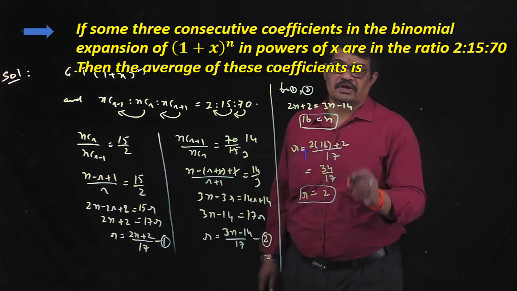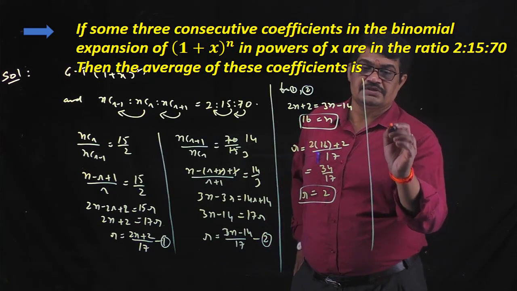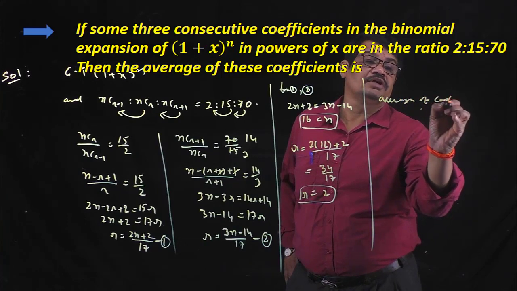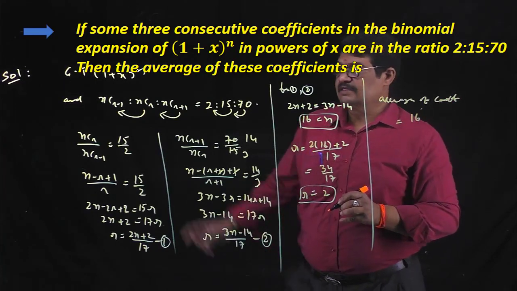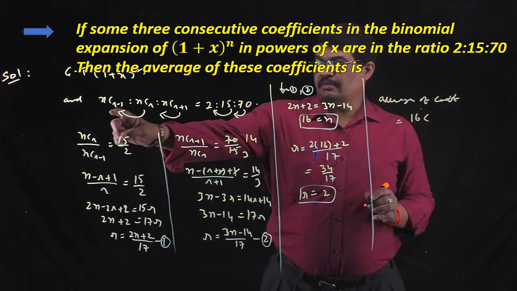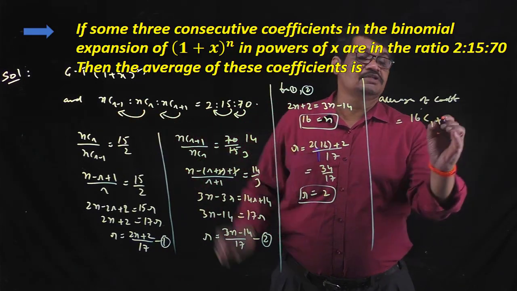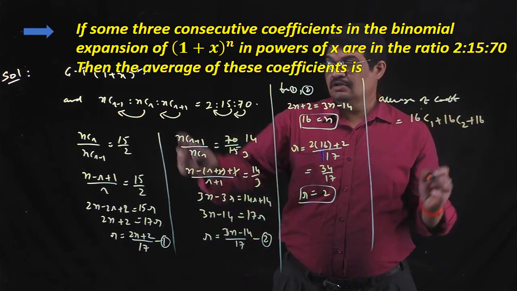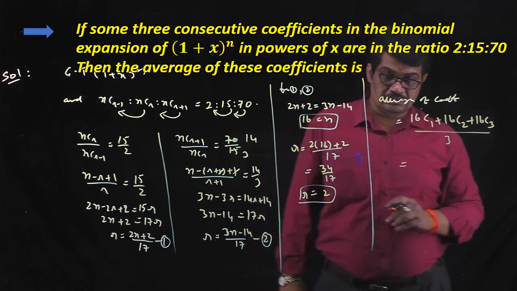Then what are the terms we take? Now we write the average of the coefficients. What are the coefficients? That is nCr minus 1, so here n is 16, C r minus 1, r minus 1, that is 2 minus 1, that is 1. Plus nCr, that is 16C2. Next, what is nCr plus 1? That is 16C, r is 2, 2 plus 1, that is C3, by 3, since the average is over 3.